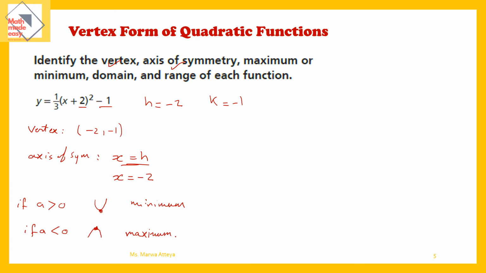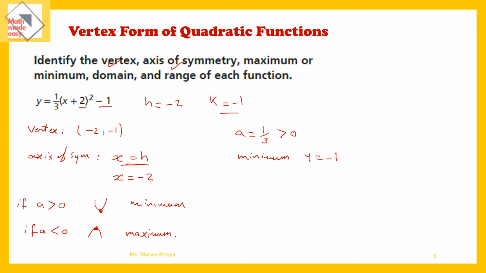Okay, so for this function, because the value of a, which is equal to 1/3, is greater than 0, it's positive, then I know that this parabola has a minimum, and this minimum is the value of y, or the value of k, which is y equal to -1.